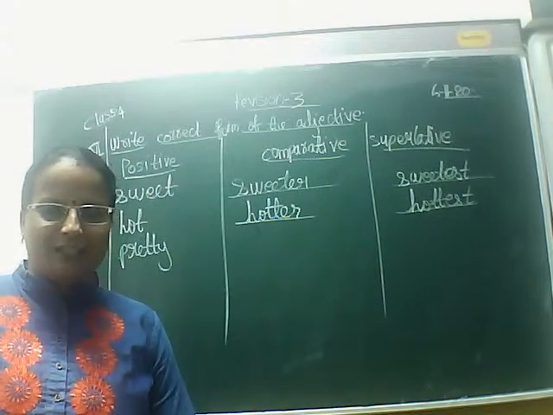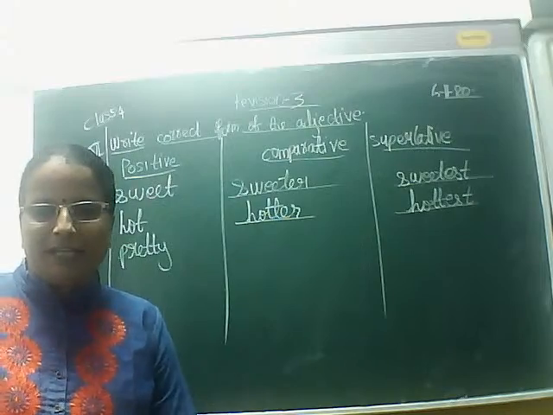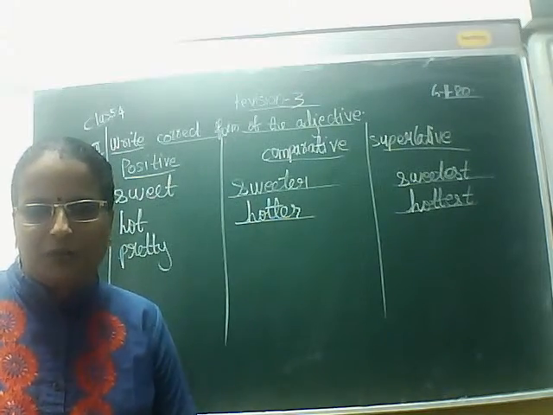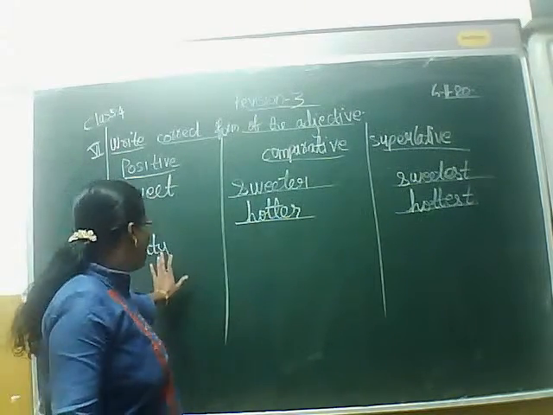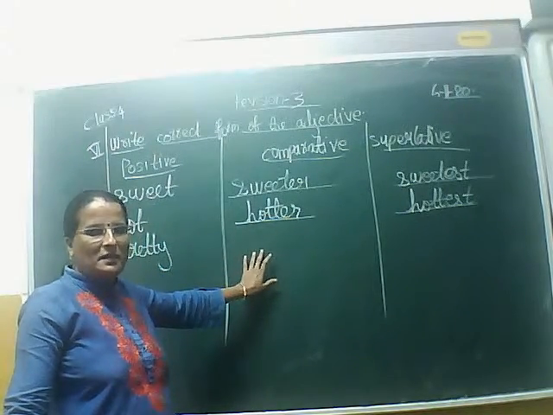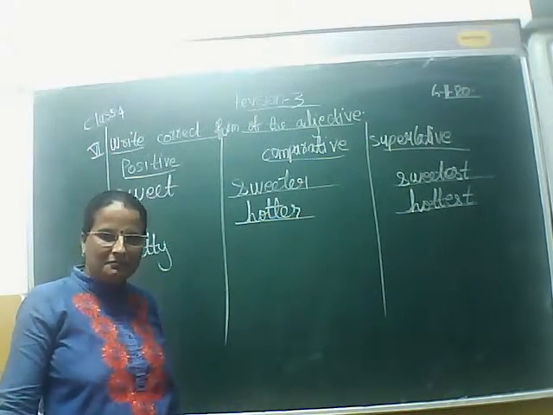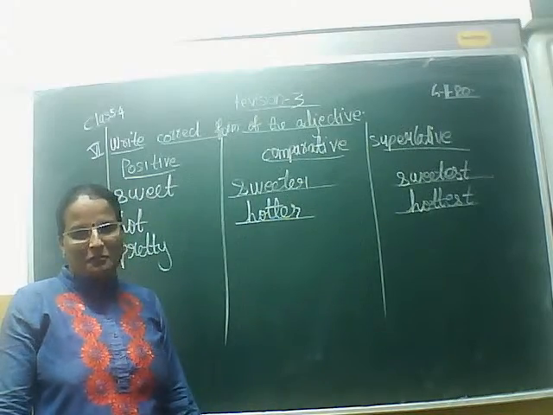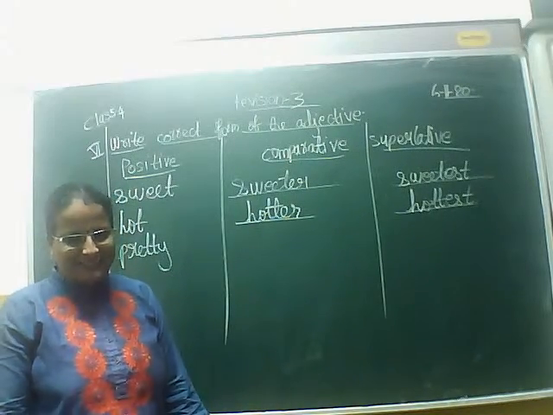You all are pretty children, very pretty children. So you write about yourself. How do you look? You say, I am prettier than my mom. Then you write, I am the prettiest among all my classmates. Right?